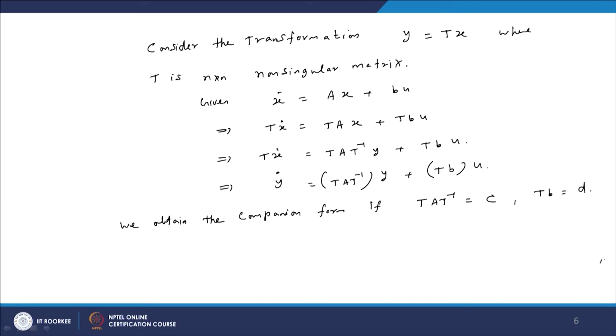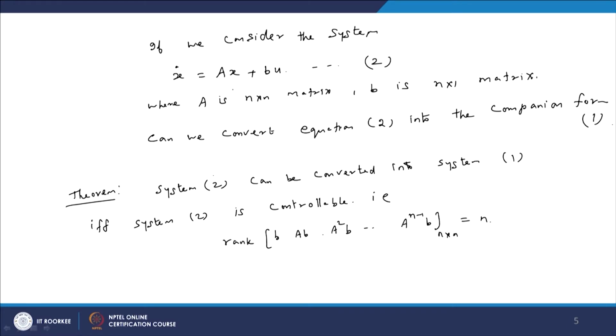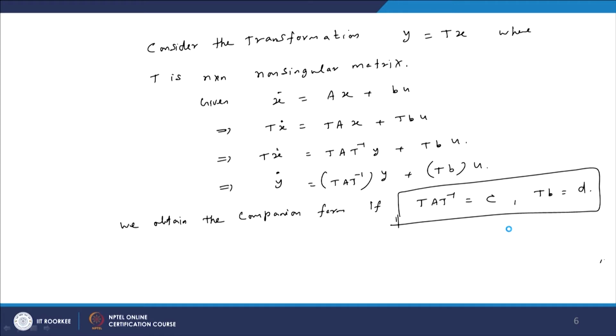If it happens, then the result is true. So, what we will prove here is that this can happen if and only if the system is controllable, that is, the rank of B, AB, A squared B, etc., is equal to n. Then we will be able to find a matrix T satisfying the last condition.